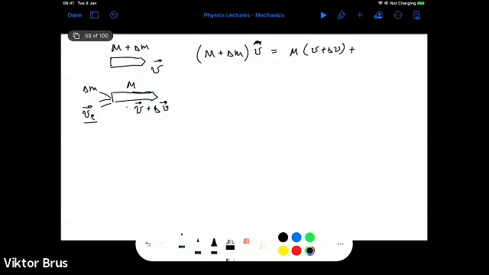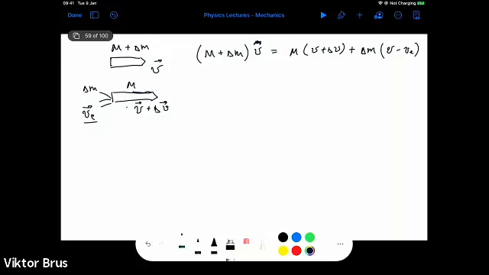In order to do that, we have delta M, the mass of the fuel ejected from the rocket, times V, the velocity of the rocket, minus V ejected.